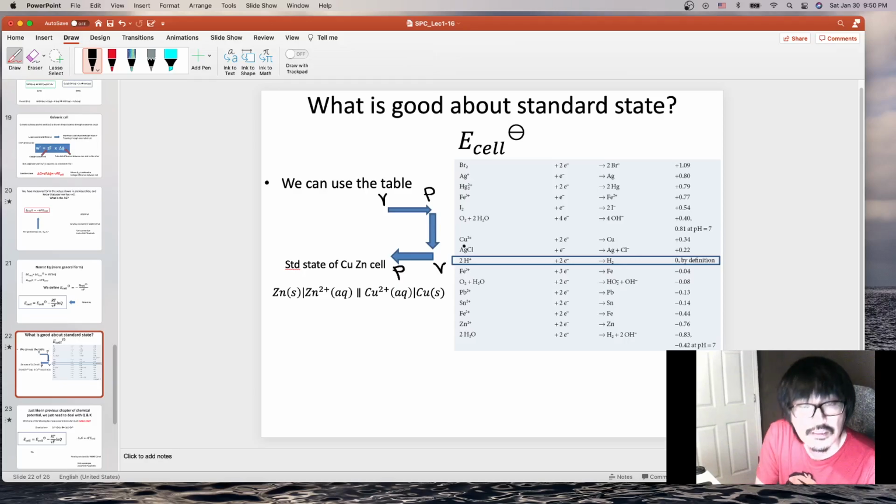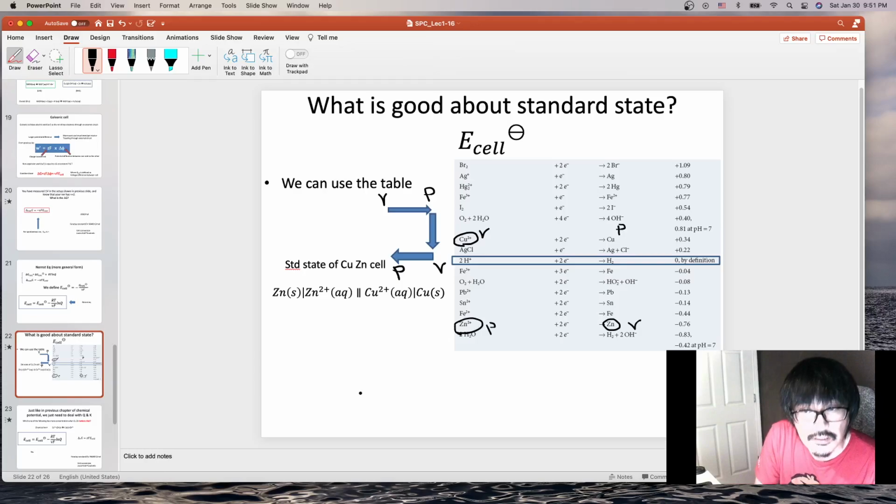Okay? So for this particular reaction right here, I have this Cu2+, that's my reactant. Reactant, product, and then reactant, product.